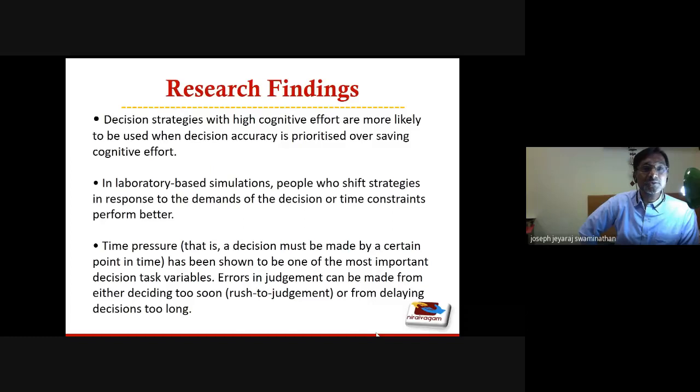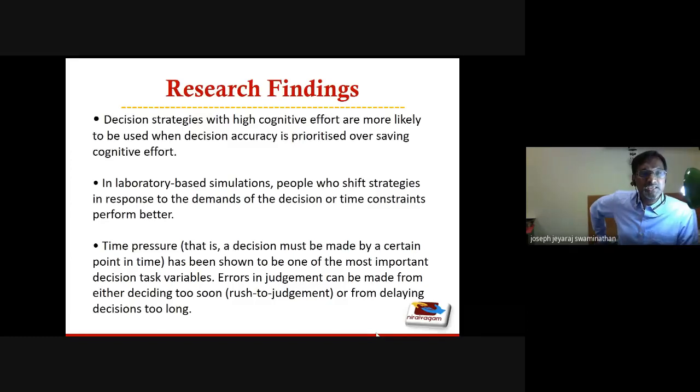And when do you use them? When your decision needs to be very accurate. Then you prioritize and use them. When you don't have to make very big decisions, ordinary decisions, then you don't bring all the cognitive skills into effect. You take a decision very fast. You don't take a very long time to make a decision.